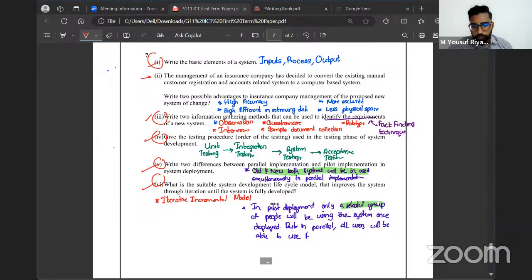Is that clear, Oscar? Do we get to learn about the spiral model? No, you all learn only two models: waterfall model and iterative incremental model.